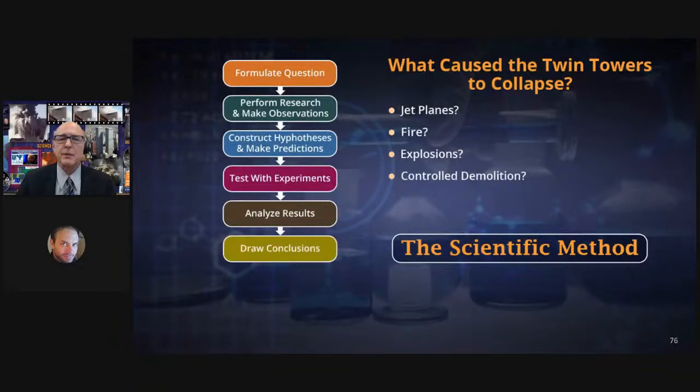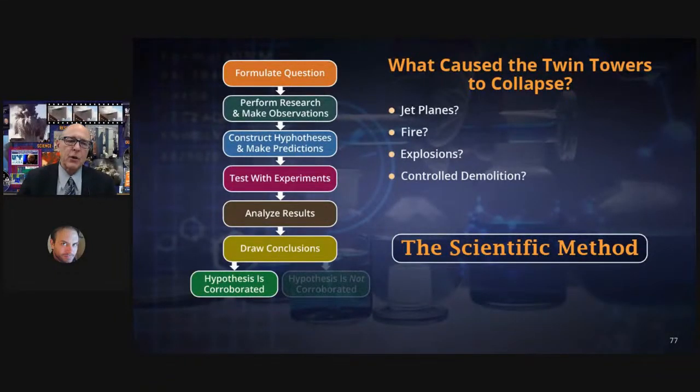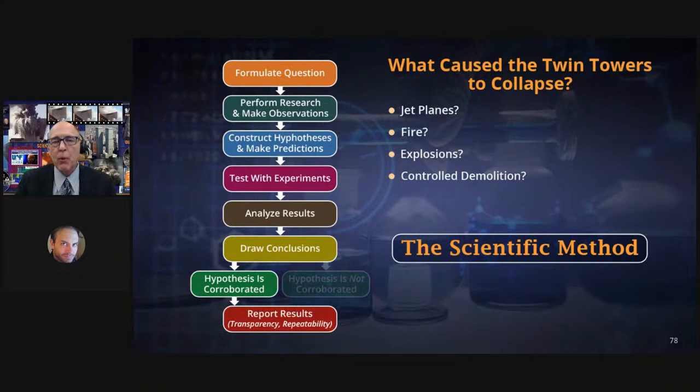If the hypothesis is corroborated after drawing conclusions, we report the results in an open, transparent manner. We don't hide the results or the computer input data, for example, which NIST hid, as we saw last week, and refused to give to the architects and engineers who are tasked with ensuring that the public has buildings that are safe to occupy.